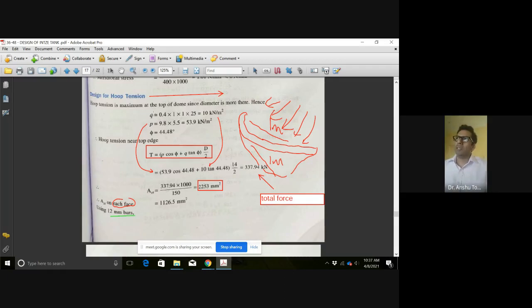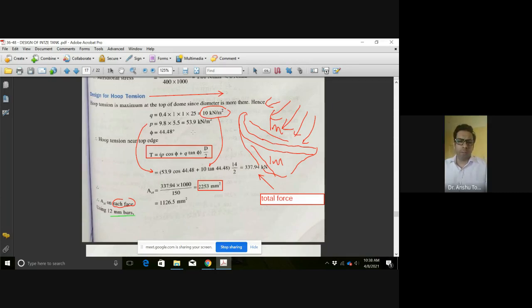So that will give us the value of Q, which is going to be the thickness multiplied with the 1 meter curved length and 1 meter slant height, will give you the total weight, its own weight, self weight, multiplied with the unit weight of the concrete, which will give us 10 kilonewton per meter square as the self weight force.